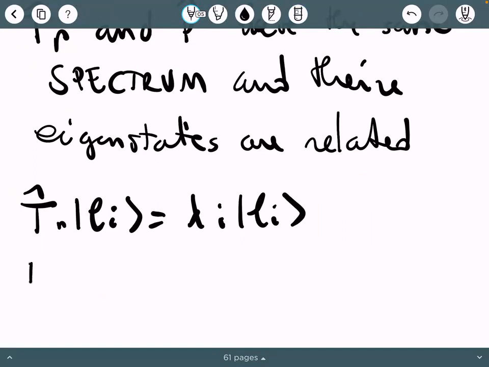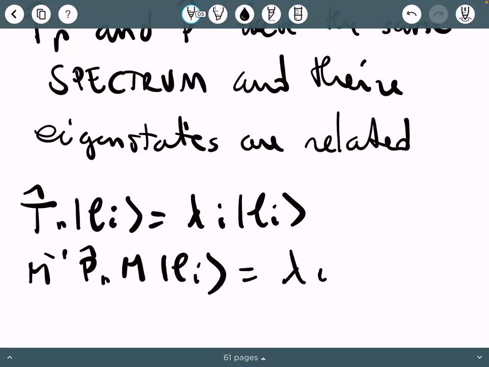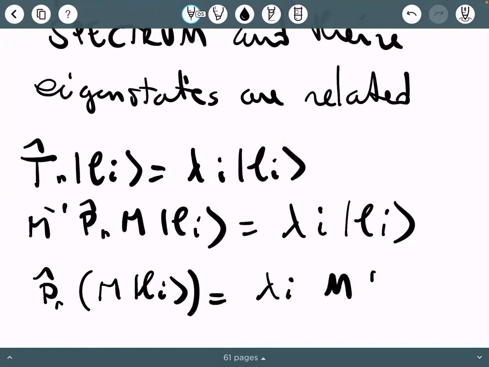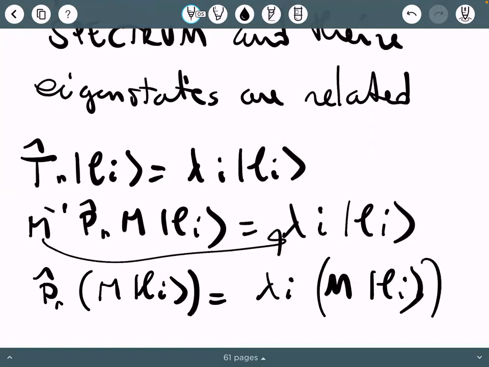Then I can write M to the negative 1 P(R) M L_i equals L_i lambda_i, because of the identity I just demonstrated. Then I can multiply by M and I get P M L_i equals lambda_i M L_i, where I wrote this term here.